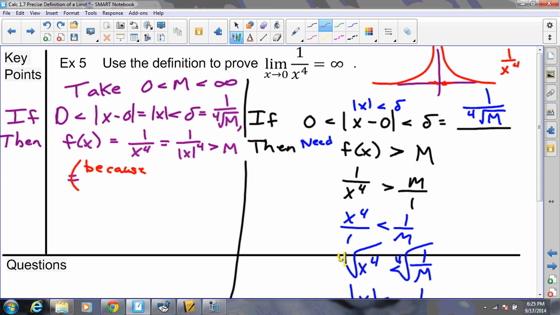because 1 over absolute value of x to the fourth, we would be able to say is greater than 1 over delta to the fourth. We can say that because this is a less than.